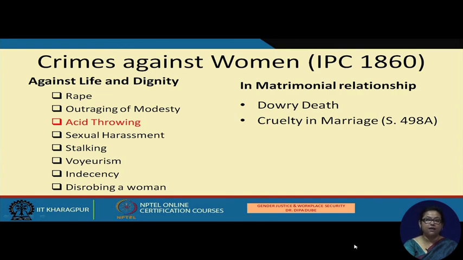Now, some other offences, one which we have somewhere tried to already discuss, are offences which are perpetrated in matrimonial relationships.